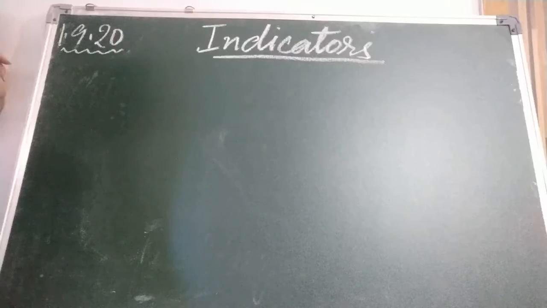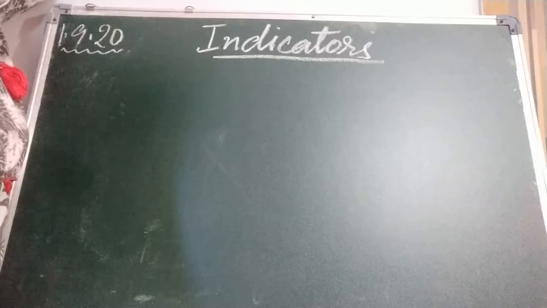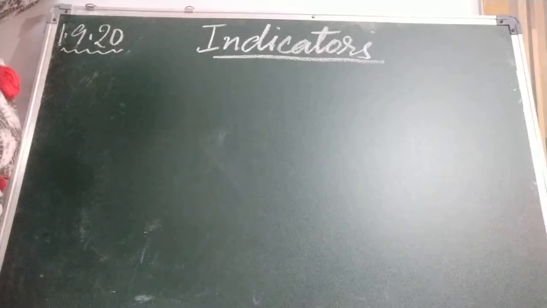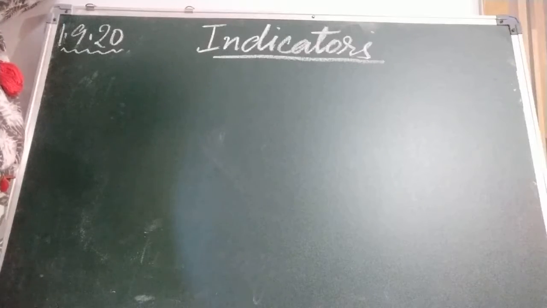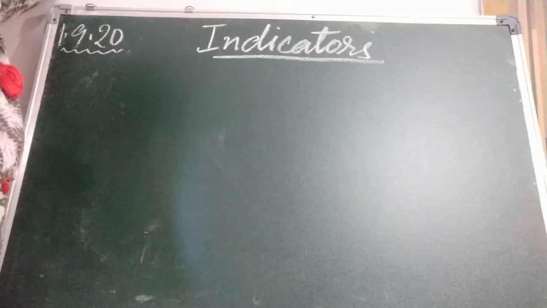Now children, we are going to discuss indicators. We know that acids are sour while bases are bitter in taste, but we cannot taste all substances to find whether they are acidic or basic in nature. Why? I told you, strong bases or acids are very dangerous.